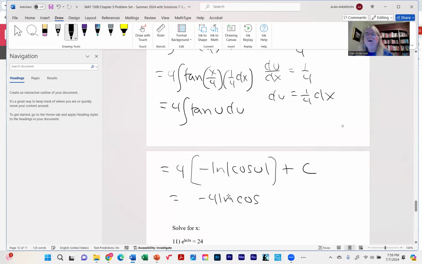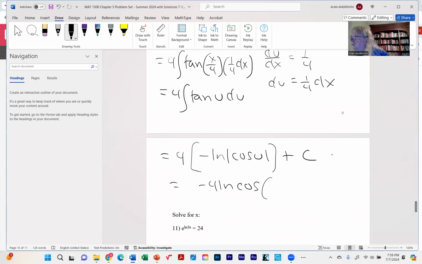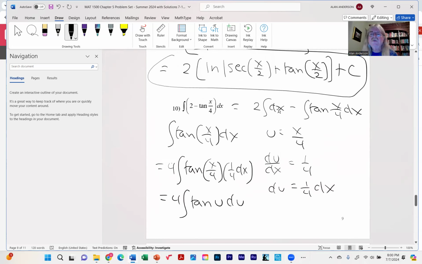I remember u was defined as x over 4 plus c. Now, we're not done yet because what I just did here was just solve the integral of the tangent of x over 4. We still have to deal with this 2 times the integral of dx.